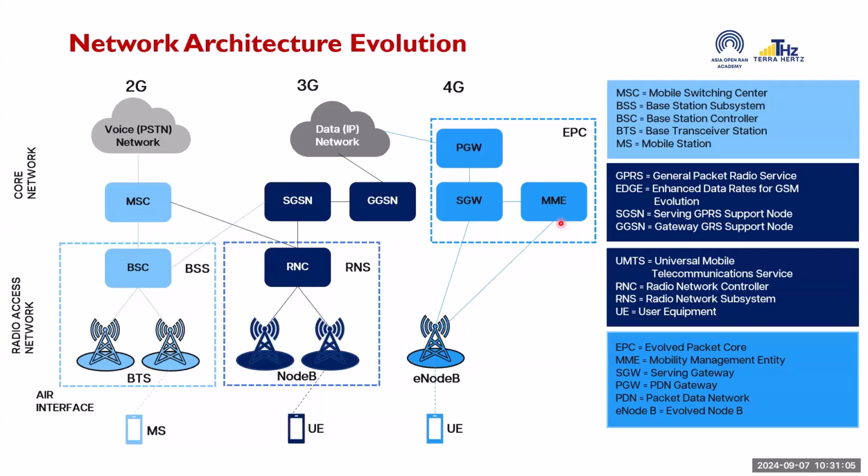Okay? So the payload goes to the SGW, the Serving Gateway. And the serving gateway is connected to the PDN gateway, the packet data network gateway. So that is going out of your network. Now the cell site's equipment is called eNode B, or the Evolved Node B. So when you're walking on the street with your classmate, and your classmate says, "Oh, there's a Node B in the area."